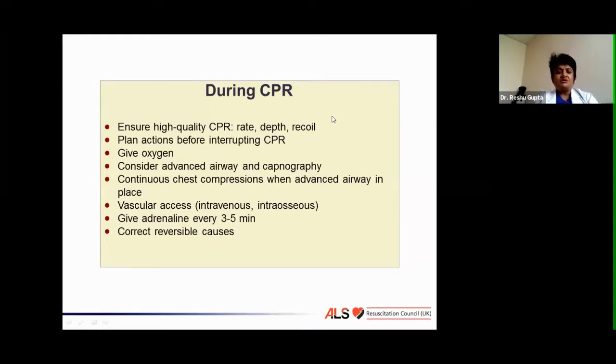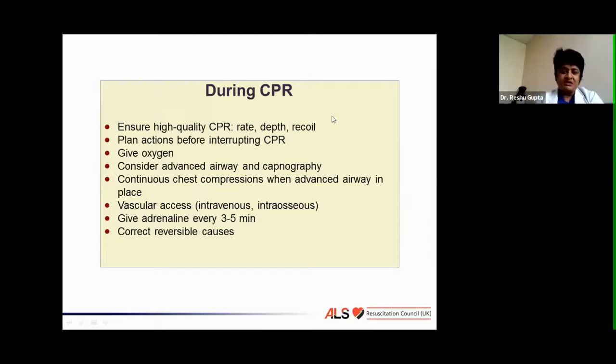The depth has to be adequate, that is 3 to 5 centimeters, or they say one third of the AP diameter of the chest. There has to be a complete recoil. That is very, very important. Then you plan your actions before you interrupt any CPR. Oxygen should be given. Consider advanced airway and capnography in the ICU setting.